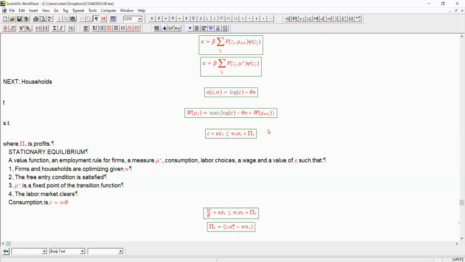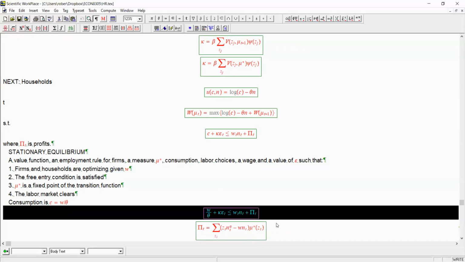Now we have to add over all the firms with different ZIs and multiply, of course, by the measure of firms that have that particular value, ZI.